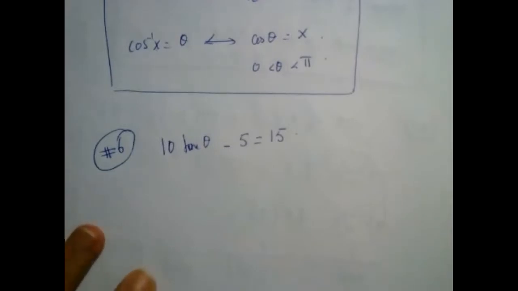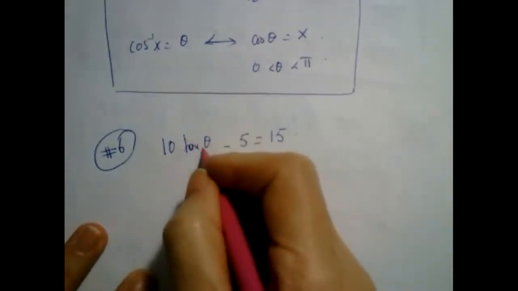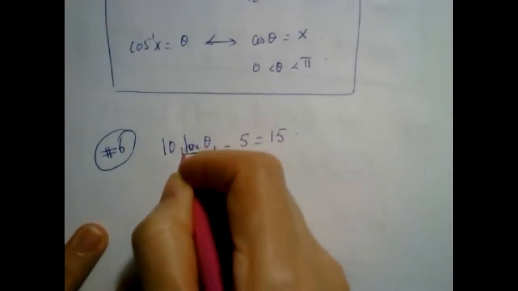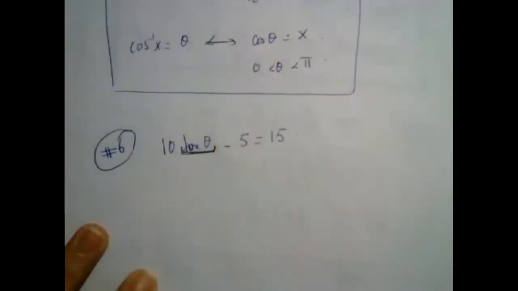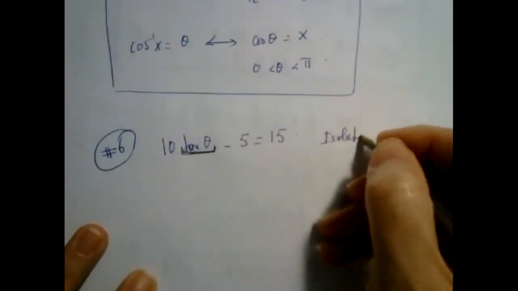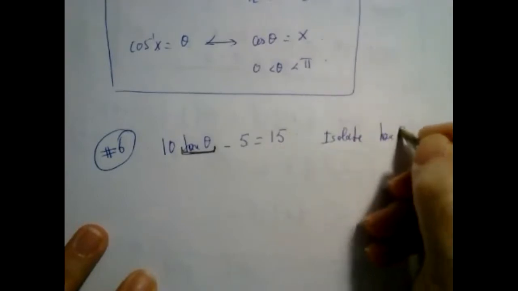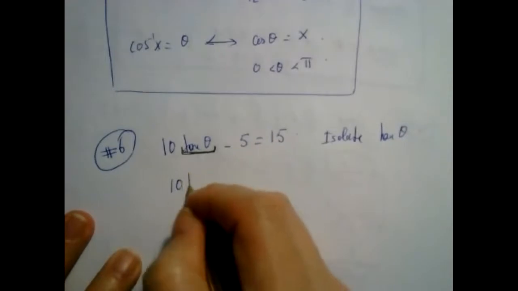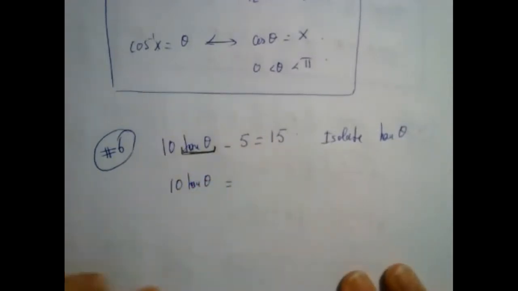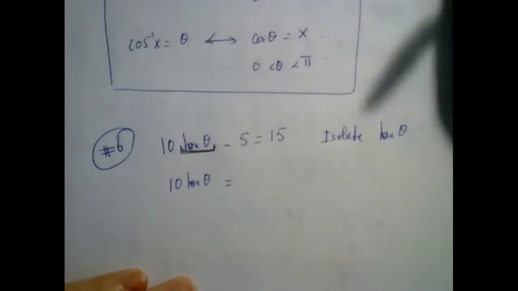Okay, so to solve this, basically I need the angle. First, I'm going to isolate the tangent, because if I know the tangent, I know the angle. So isolate tangent theta. To be able to do that, first, what should I do?